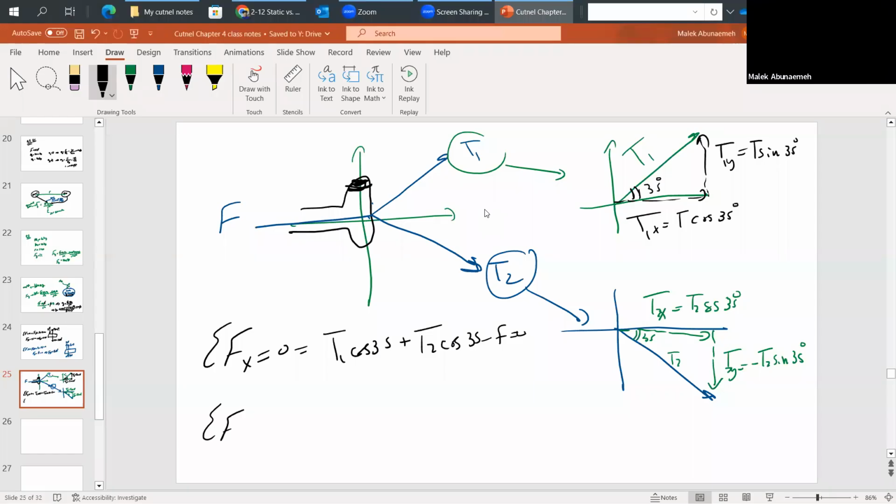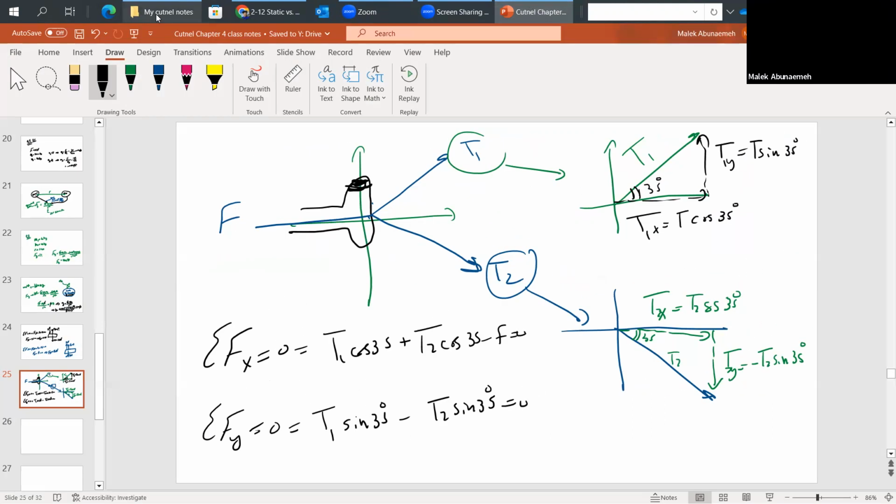And then our y forces for equilibrium have to equal 0, so this is going to be T1 sine 35 degrees minus T2 sine 35 degrees, and again, this has to equal 0. That's how you set up the equations, and then you just solve for T1 and T2.